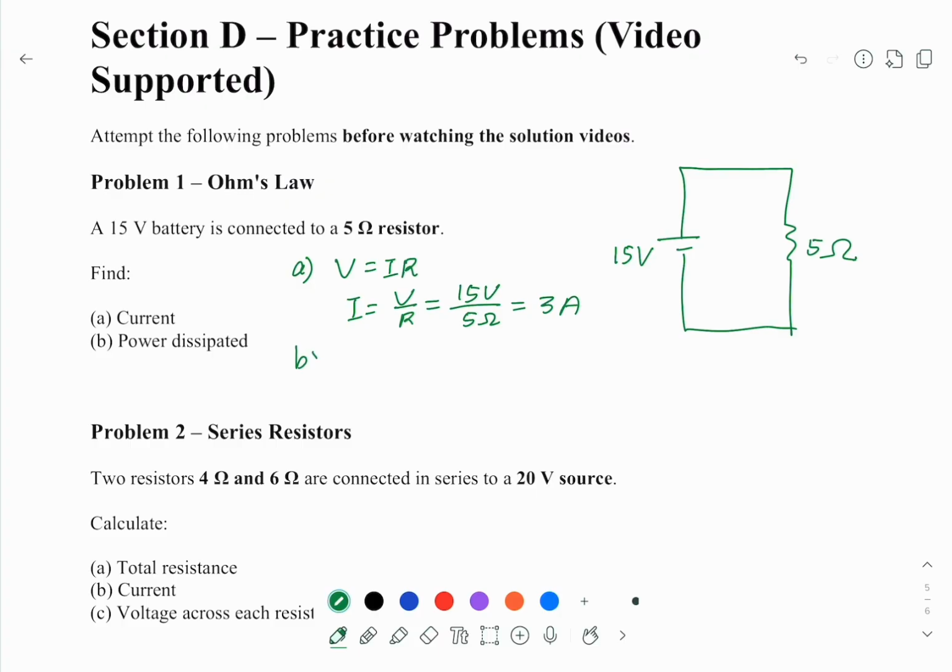B, the power dissipated. P, you can use VI. It means 50 volt times 10 ampere. So you have 500 watts.